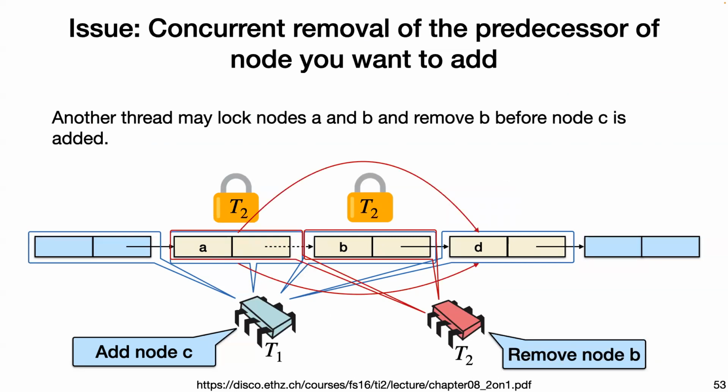Then when thread 2 calls next, it will call something. Yes, so when you want to insert something, you basically have two nodes A and B that you're trying to add your element between. And you just have those in your code, and your code to insert is just A next equals the thing that you're trying to insert, and the thing that you're trying to insert next is B, for example.